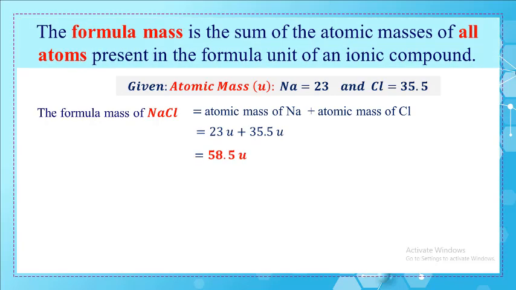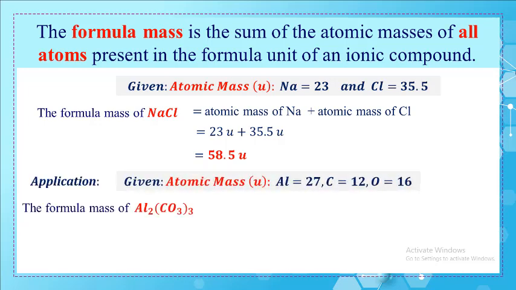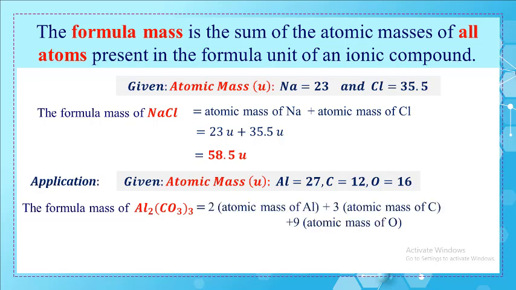So, the formula mass is the sum of the atomic masses of all atoms present in the formula unit of an ionic compound. Let's find the formula mass of Al2(CO3)3. It is equal to 2 atomic mass of Al plus 3 atomic mass of C plus 9 atomic mass of O, which is equal to 234 u.